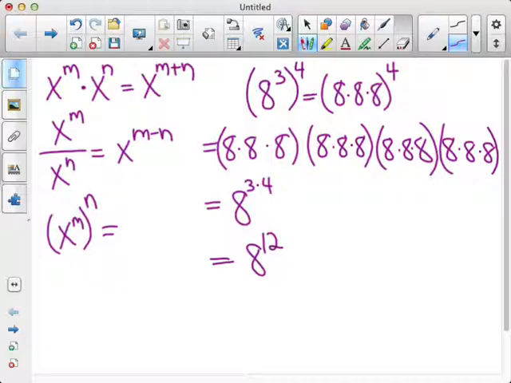So in general, when you have an exponent raised to a power, you can multiply those exponents. So let's do another example.